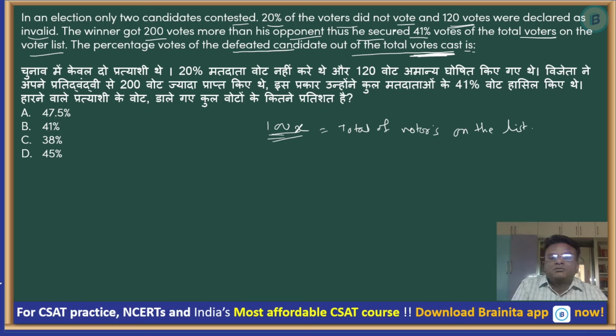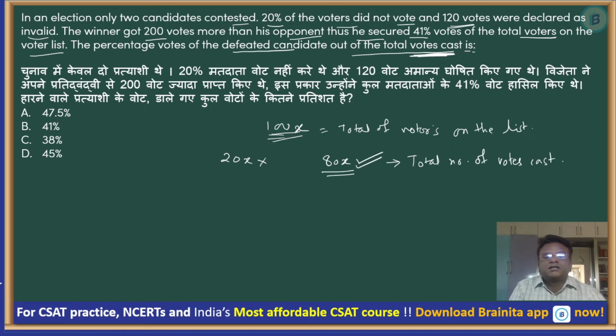Now 20% of the voters did not vote. That means 20x voters did not vote. That means 80x voters voted. Okay. So this is the total number of votes cast. How many votes were cast? 80x votes were cast out of 100x. 120 votes were declared as invalid.